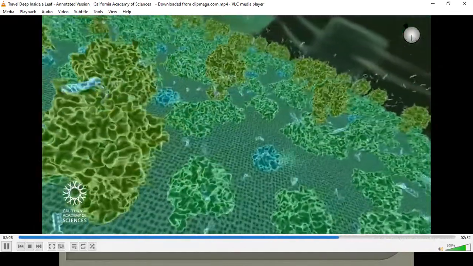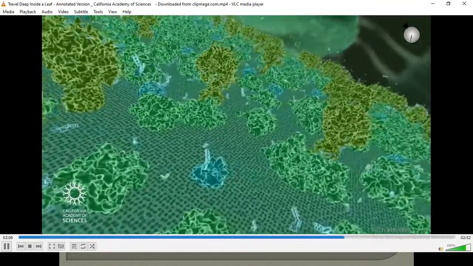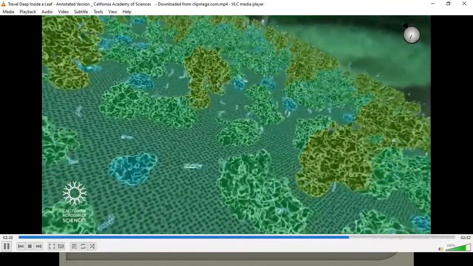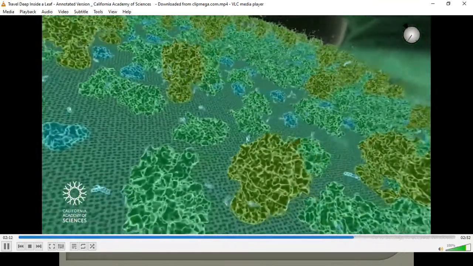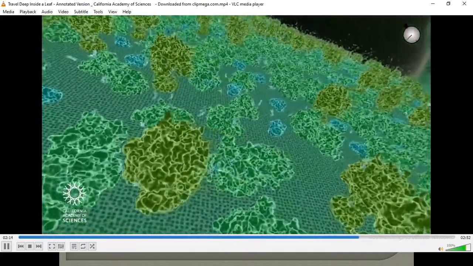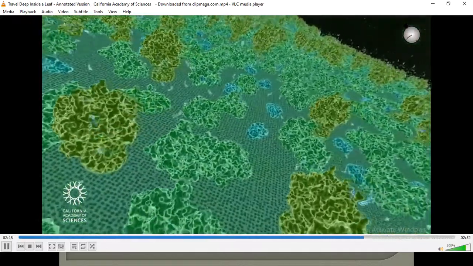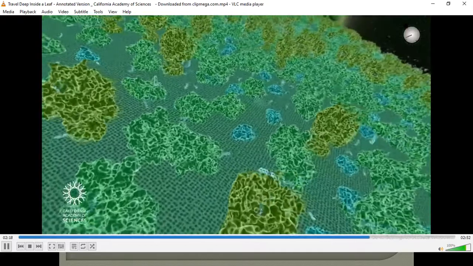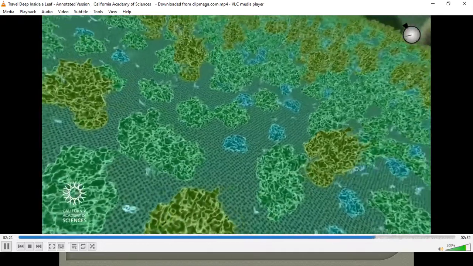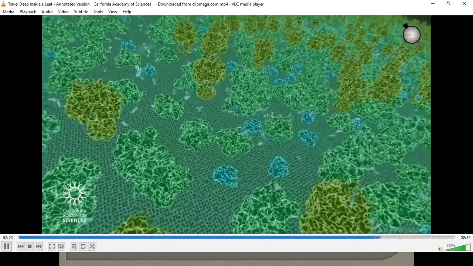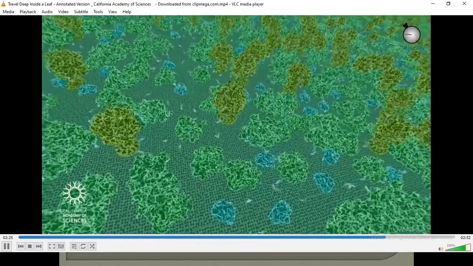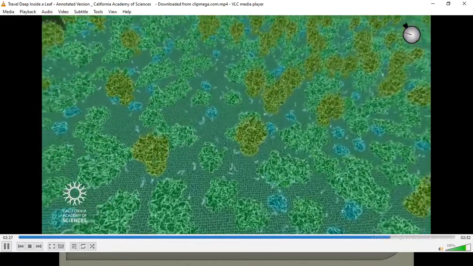The function of these chlorophyll molecules is to trap sunlight, or the radiant energy from the sun, and convert it into the chemical form of energy. So the conversion of energy occurs here on the thylakoid membranes, which is done by the chlorophyll.